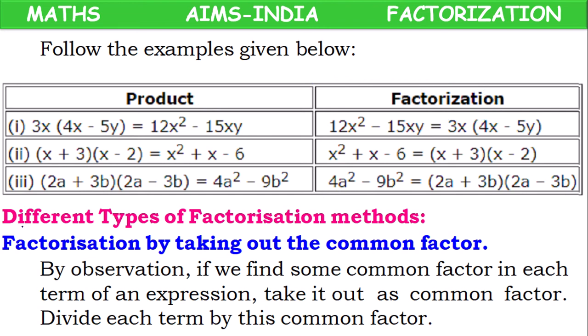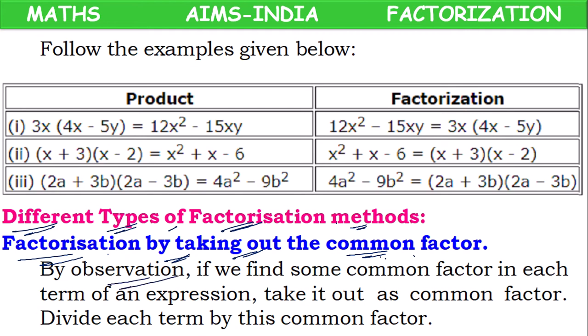Next children, different types of factorization methods. Next, we have to see what are the different types of factorization methods. So the first one is factorization by taking out the common factor. That is the first method.